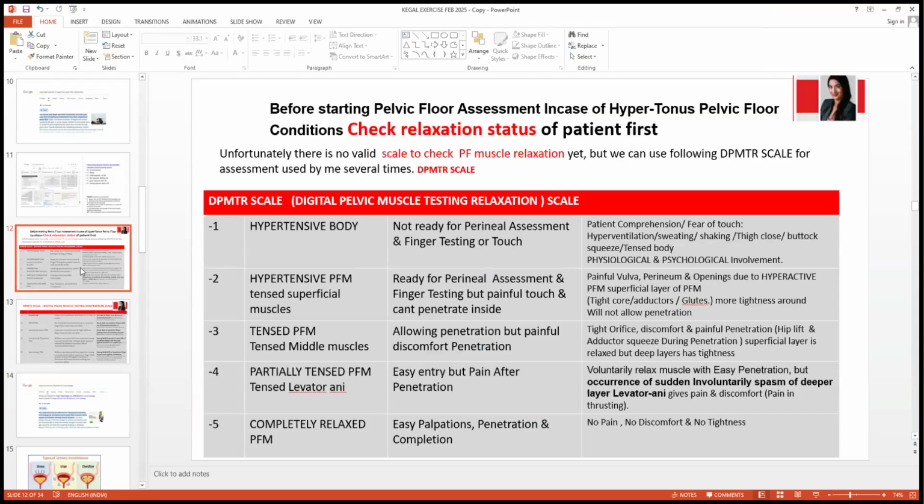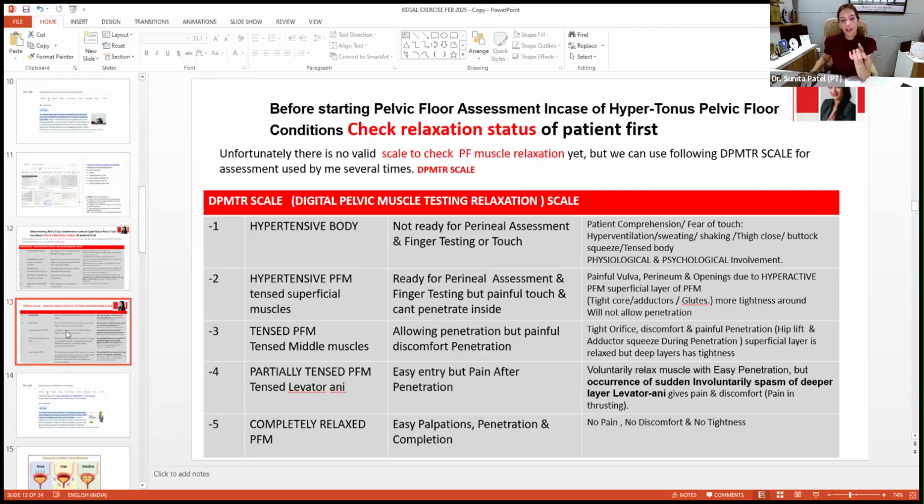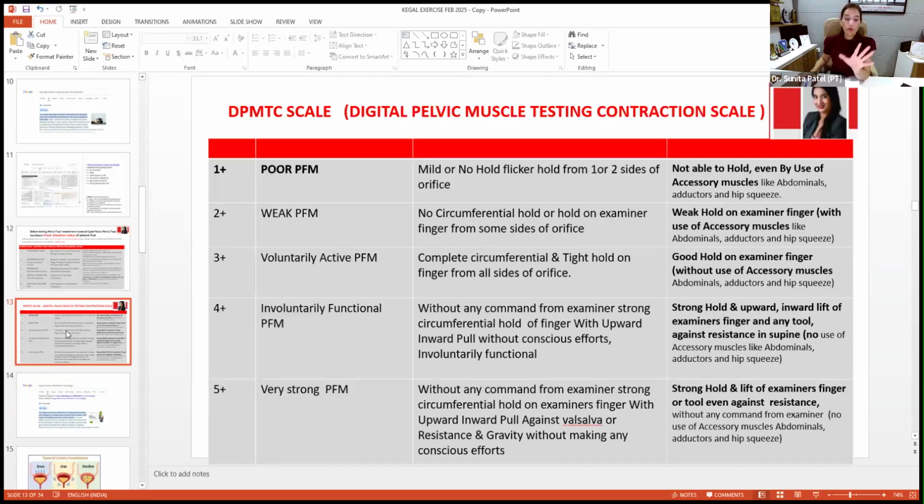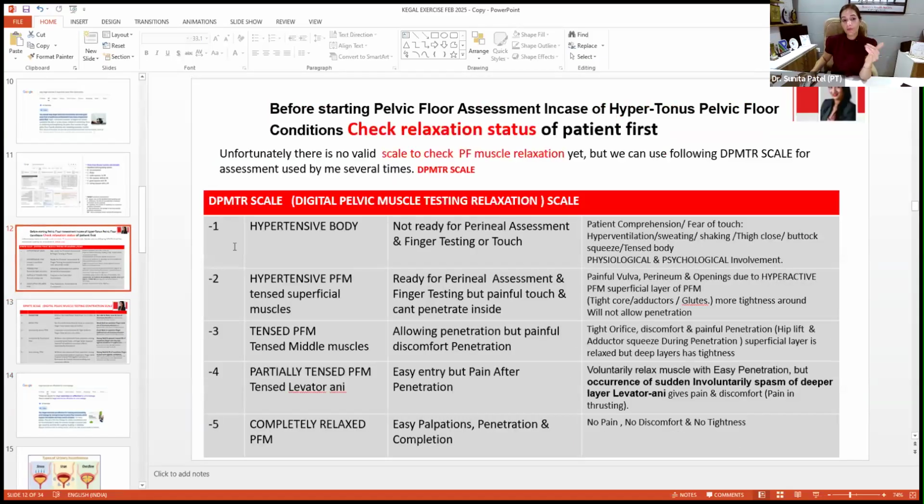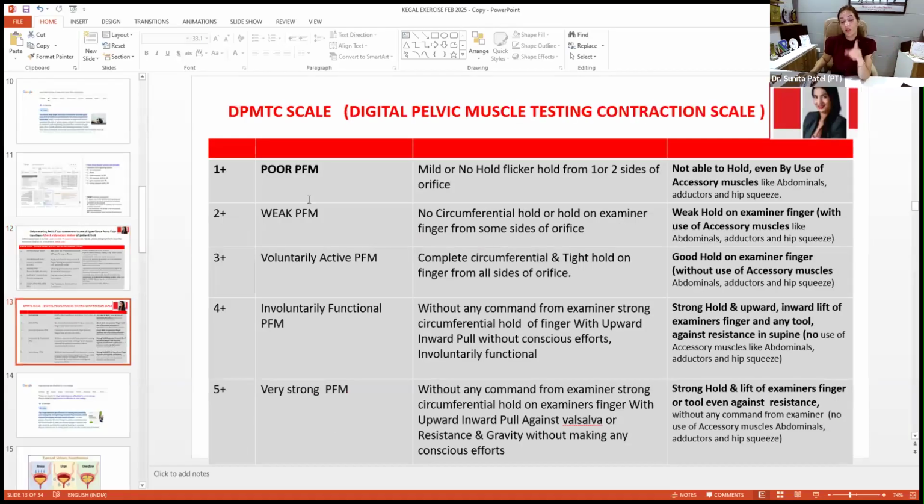Please take a screenshot of this scale for relaxation, and take a screenshot of the scale for contraction. So these are the two important scales, and according to that, you have to decide whether you should give Kegel to a patient or not. In all these cases, minus one, minus two, minus three, minus four, you cannot give Kegel. Stop Kegel. Even with 1 plus, 2 plus, Kegel will not be effective.